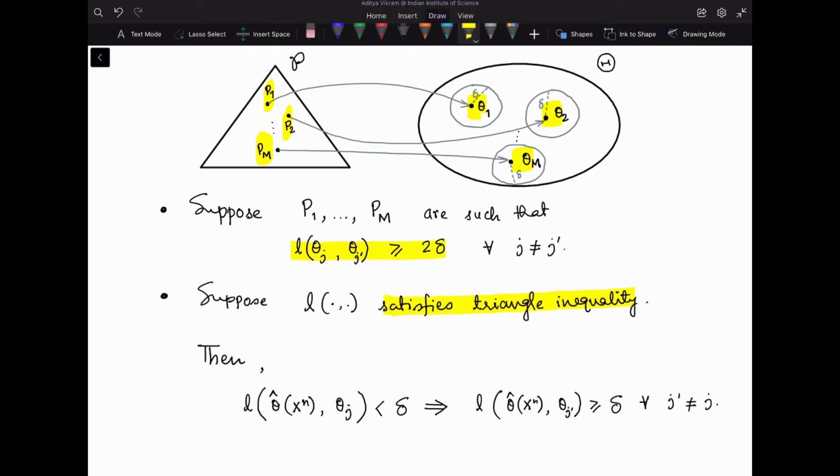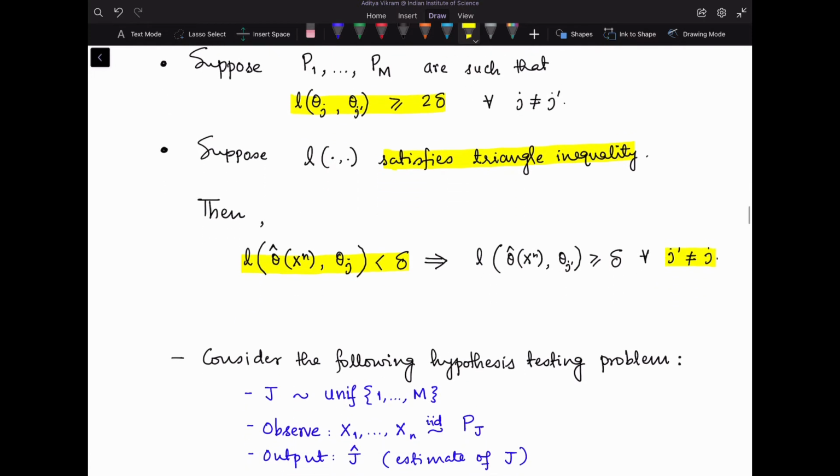Then what happens is, if theta hat is delta close to theta j, in terms of this loss function, so the distance between theta hat and theta j is less than delta for some j, then it will be at least delta for every other j. So basically what this means is that in the diagram, you can be inside only one of these balls. If you are inside one of these balls, you cannot be inside any other ball.